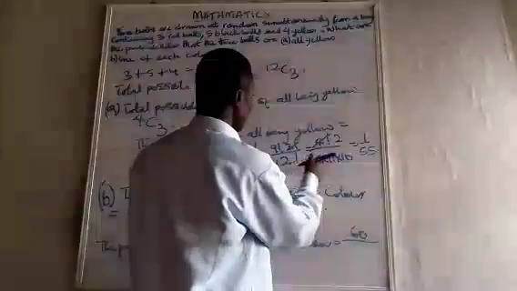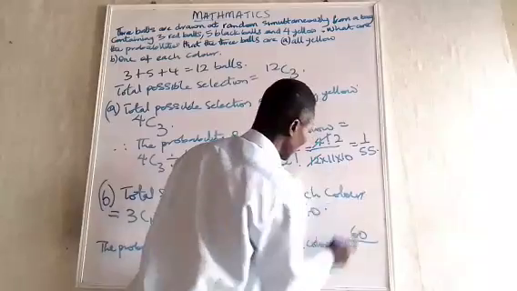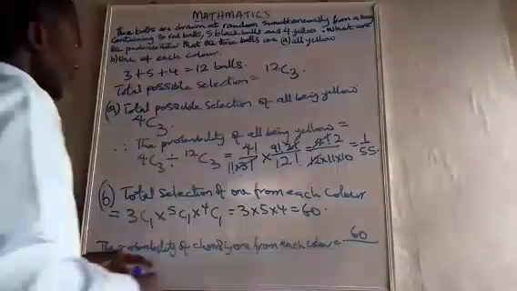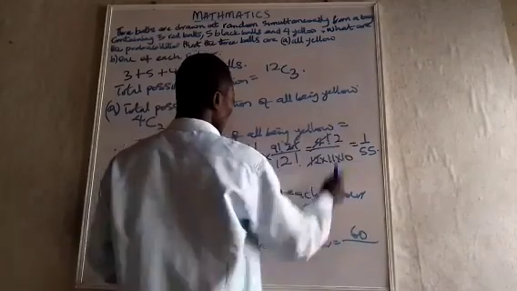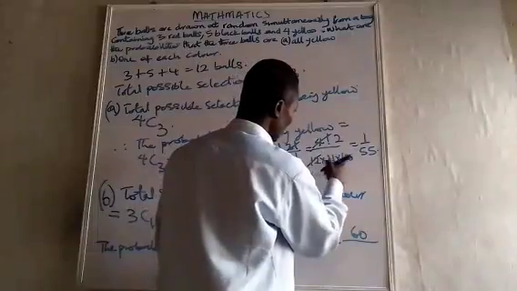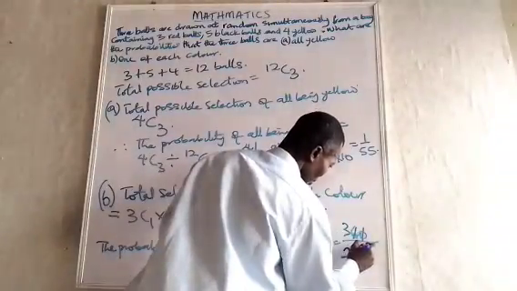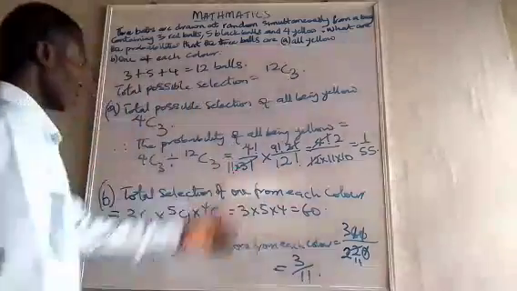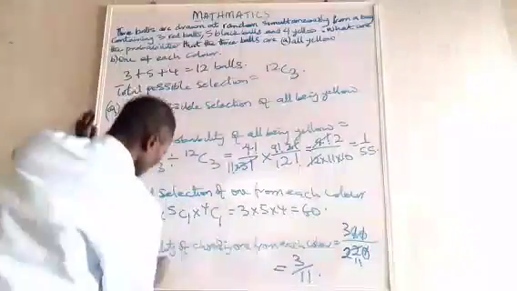And that is giving the 12 times 11 times 10 divided by 3 factorial. And that is 2 times 11 times 10. That's 2 times 3, 11. So it's going to be 3 over 11. So you can just work it out.